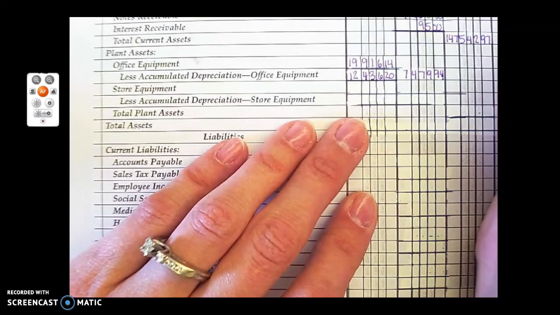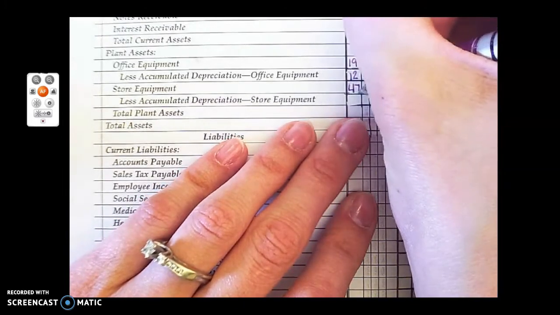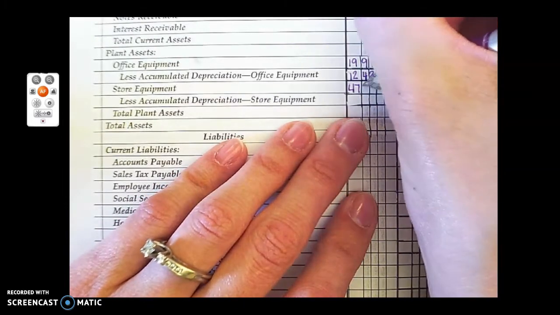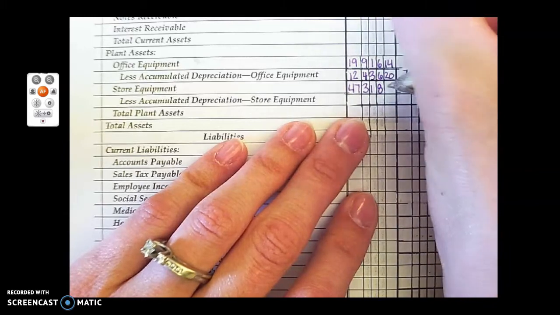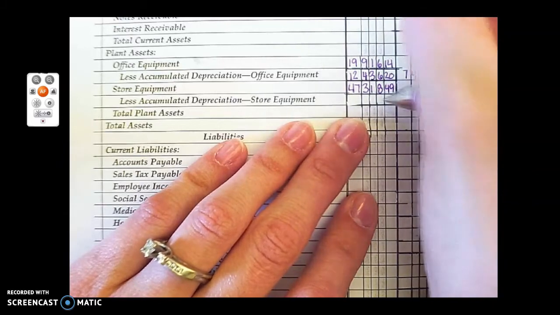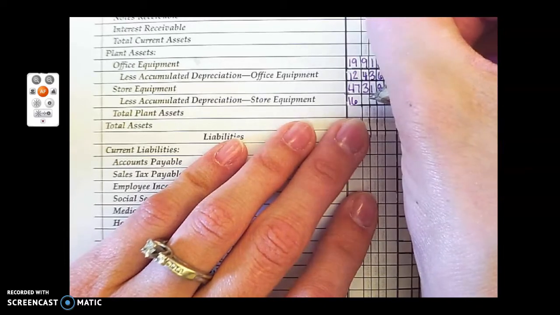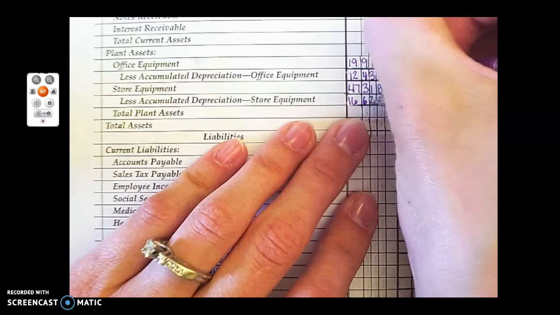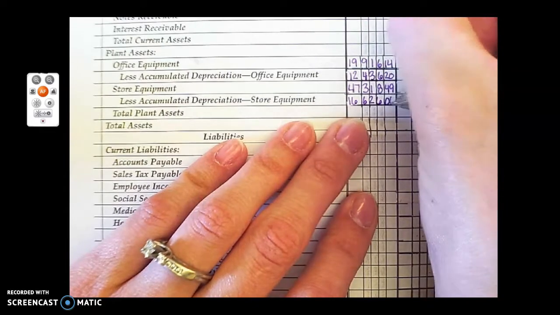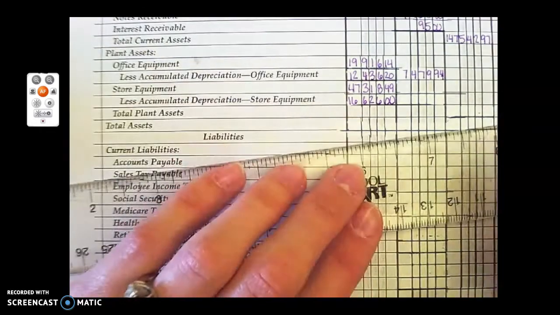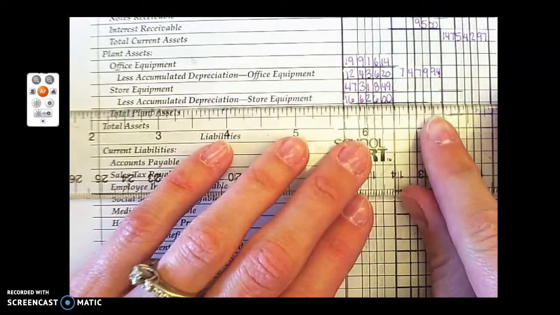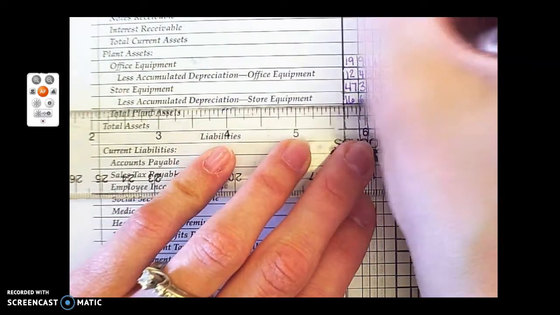We're going to do the same with store equipment. So store equipment's $47,318.49. The accumulated depreciation for store equipment is $16,626. We will subtract once again to calculate our book value, and we'll put it right to the right.